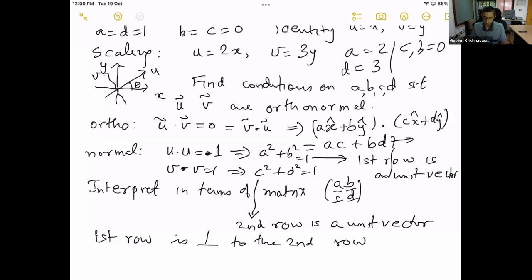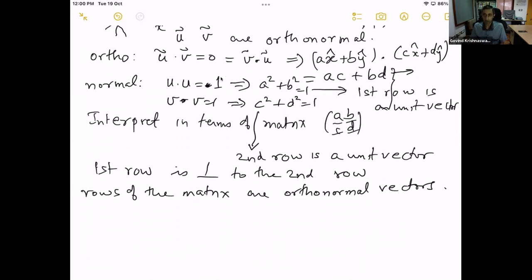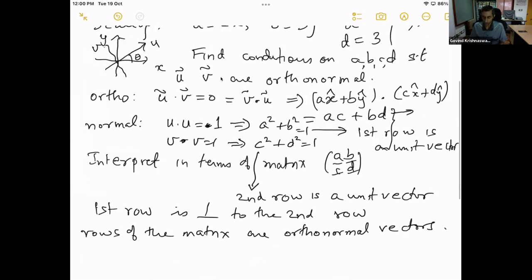So the condition that UV be an orthonormal system can be reformulated in terms of the matrix, and it is the statement that the rows of the matrix are orthonormal vectors. We can reinterpret this in another way as well. But any question about how I arrived at these conclusions?